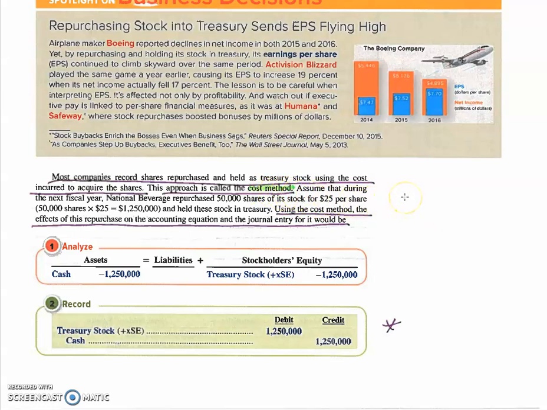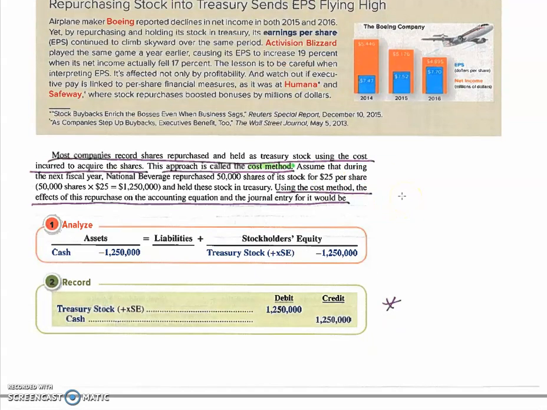So if we repurchase treasury shares, in this case, they repurchased 50,000 shares at $25 per share, or for $1,250,000. Then we would account for that by debiting treasury stock for the amount paid and crediting cash.